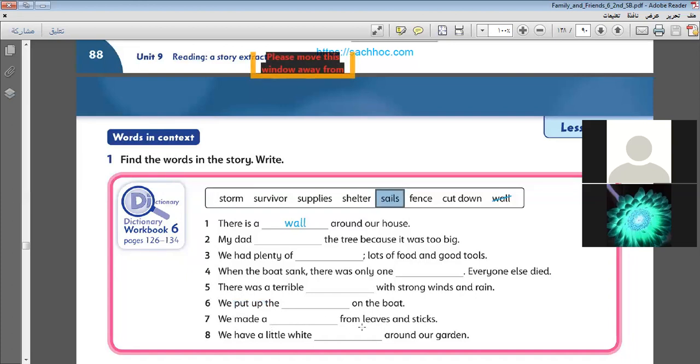We made a shelter from leaves and sticks. What did they make from leaves and sticks?